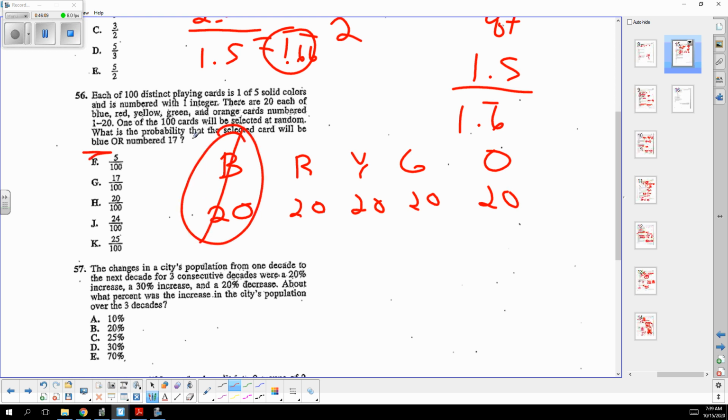So that's all 20 of these, and these are going to have one each with a 17 marked on it. All the blues count, so it's 24 out of 100. The mistake there is to say 25 out of 100 because there's 5 17s and 20 blues, but you'd be counting the blue 17 twice.